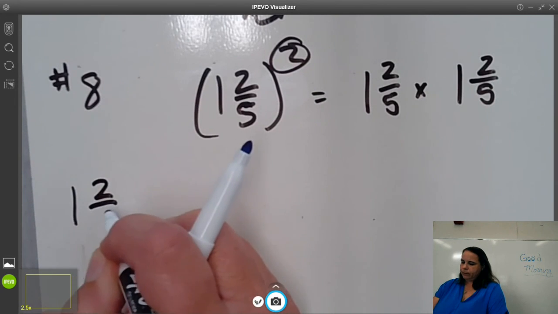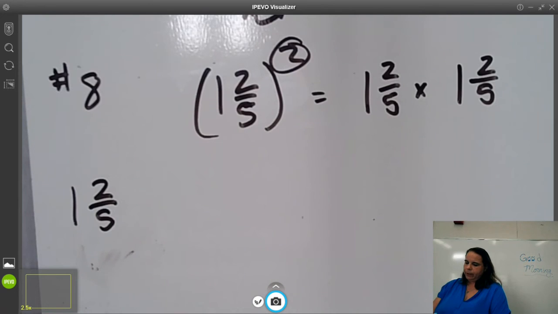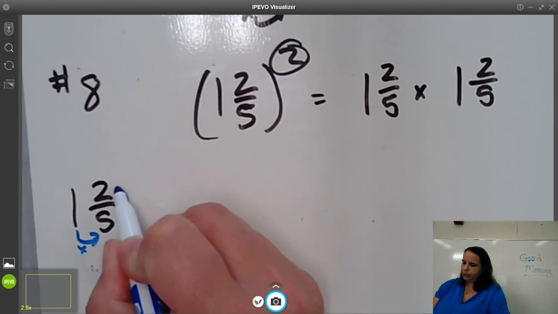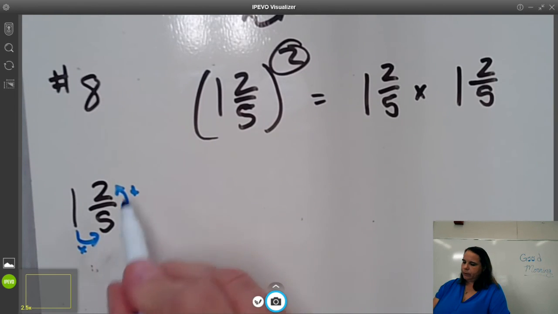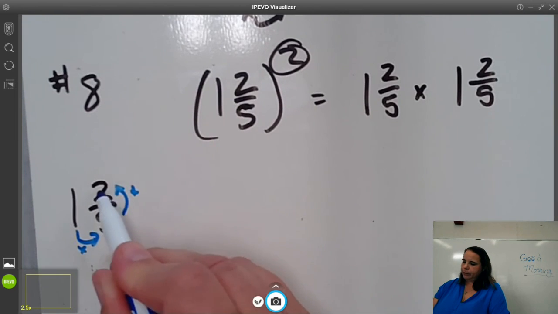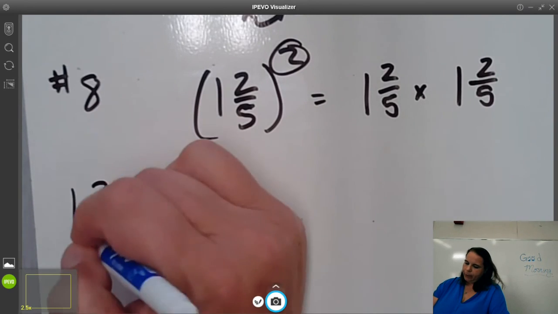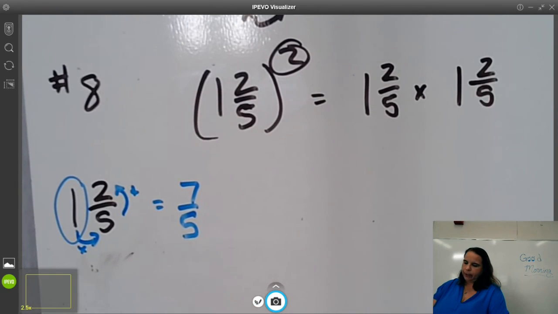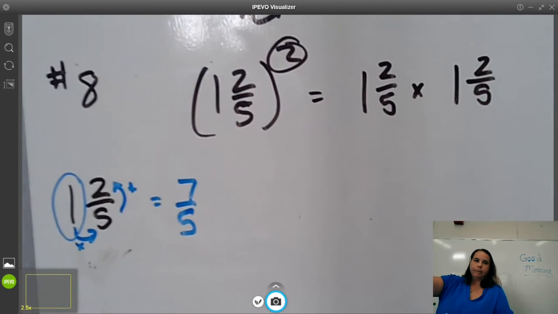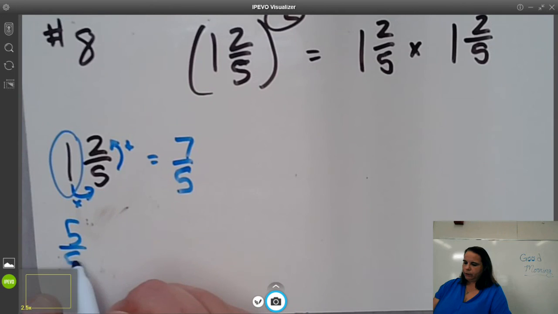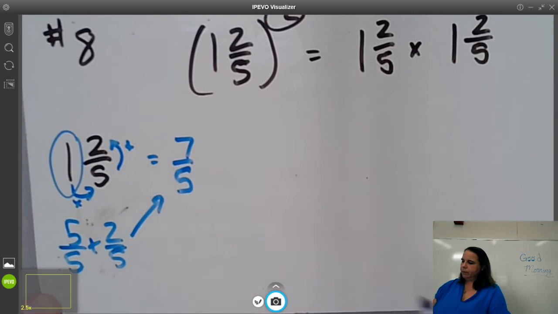So 1 2/5: you may have seen before where you just multiply by 5 and then add the 2. So that's 1 times 5 is 5, plus 2 is 7. So that's 7/5. The reason for that is because this whole number right here is really 5/5. 5 out of 5 is 1. So you have 5/5 plus the 2/5, and that's going to give you 7/5.